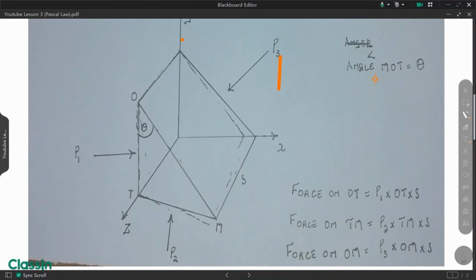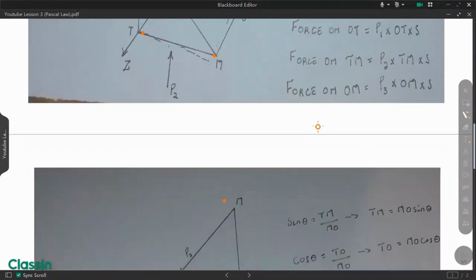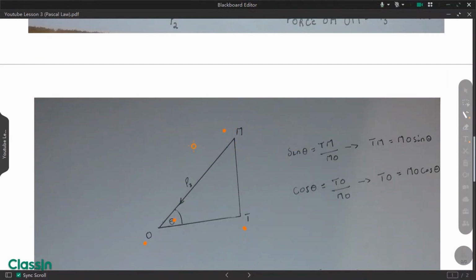Let's go a little bit up. So angle MOT is equal to theta. All right, that's the angle that we're dealing with. Now, when you want the vertical component of this P3, you know sine is equal to opposite over hypotenuse. So what's our opposite length?